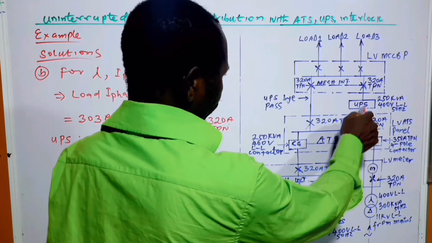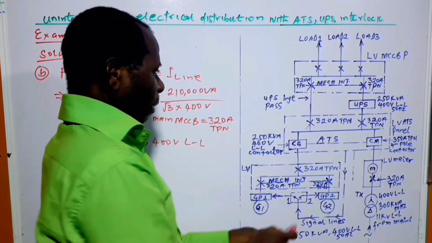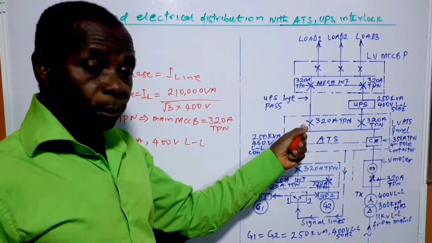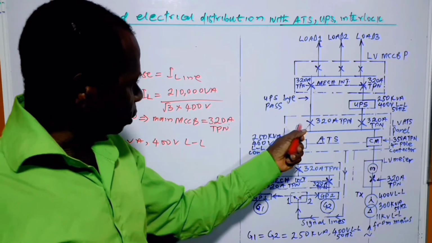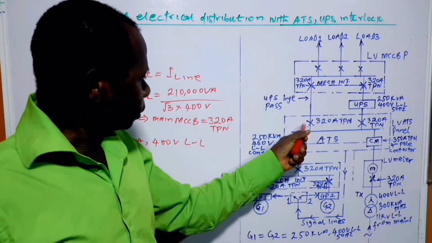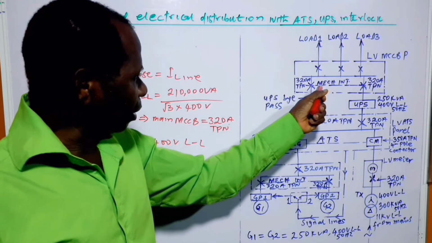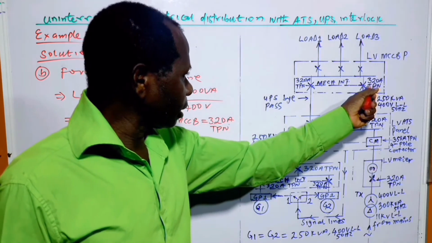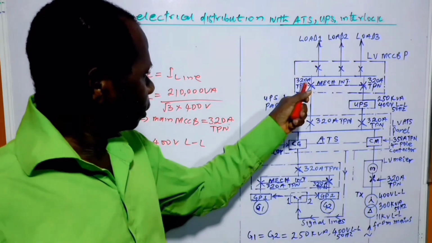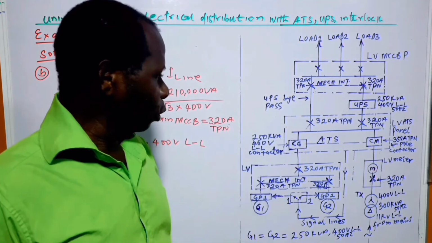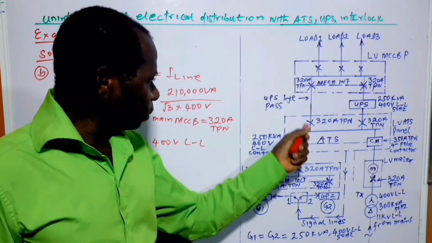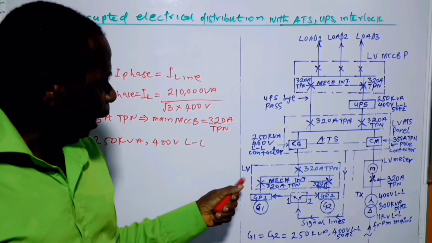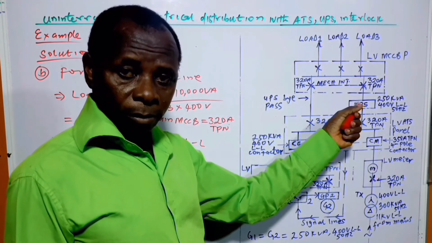From here it goes through the UPS as well, because normally this circuit breaker here is left open because it's serving a different purpose. So this one is open. The interlock is adjusted such that it's only this circuit breaker that closes. This one opens, this one also opens. Where these two circuit breakers become functional is when the UPS has a problem.